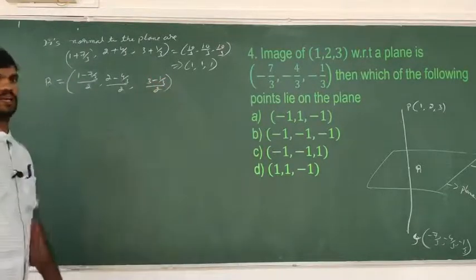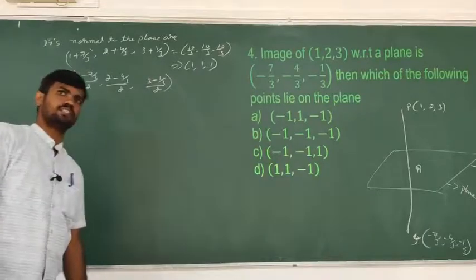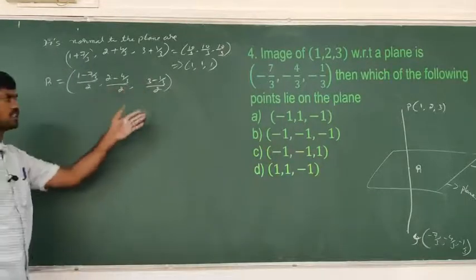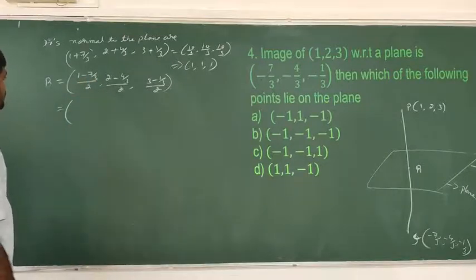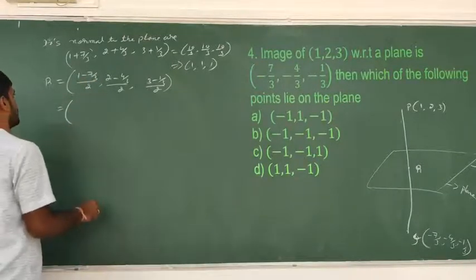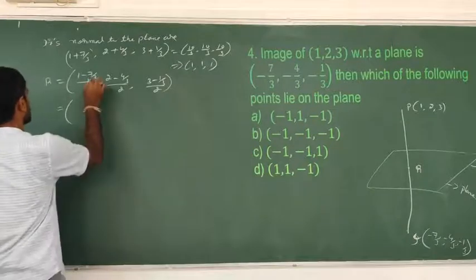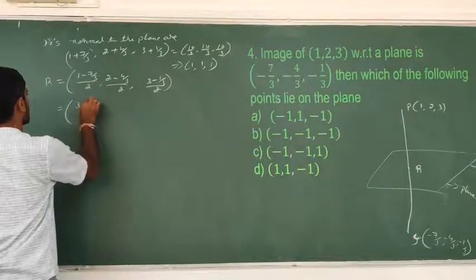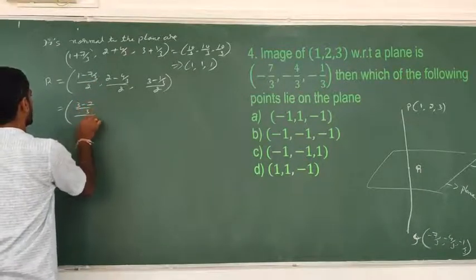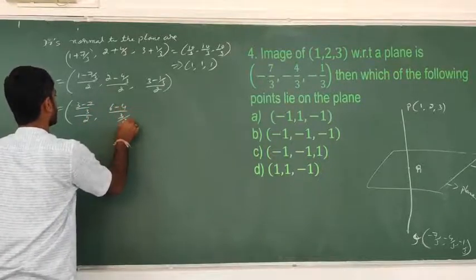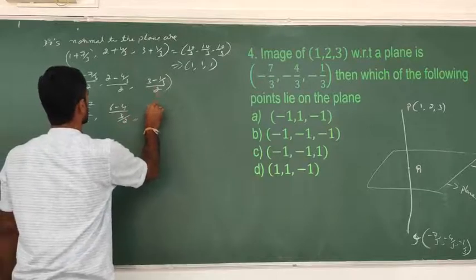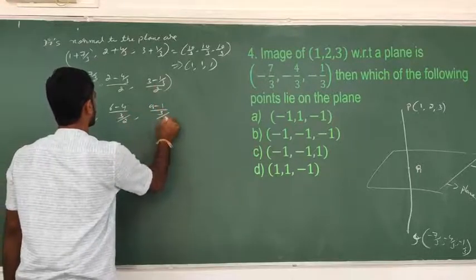The midpoint formula is x1 plus x2 by 2, y1 plus y2 by 2, z1 plus z2 by 2. So this is equal to 1 minus 7 by 3, 3 minus 7 by 3 whole divided by 2, comma, 6 minus 4 divided by 3 whole divided by 2, comma, 9 minus 1 divided by 3 whole divided by 2.